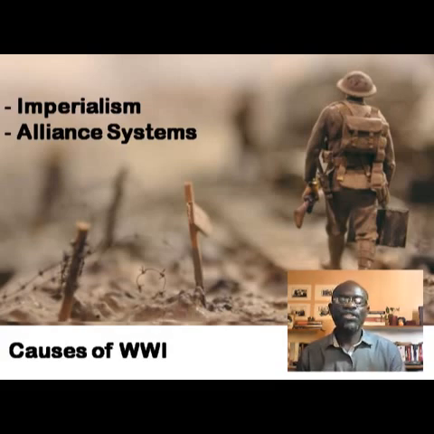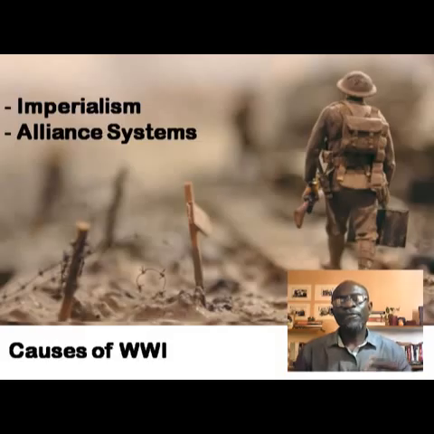The fact that relations between Russia and the German Empire were not what it's supposed to be under Prince Otto von Bismarck gave France the opportunity to approach Russia and create an entente and a sort of friendship between France and Russia.